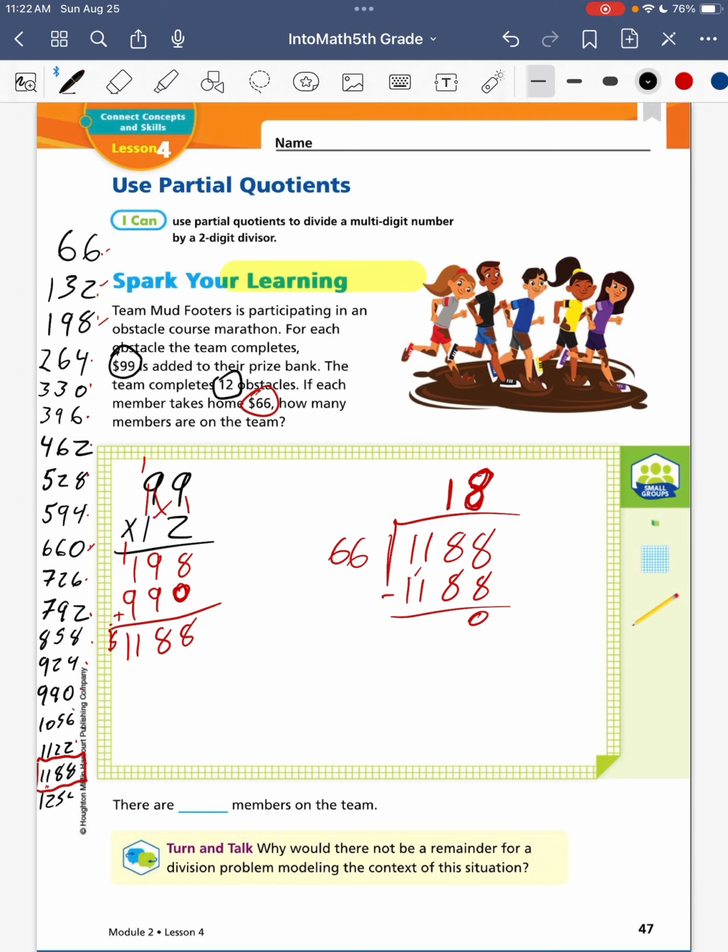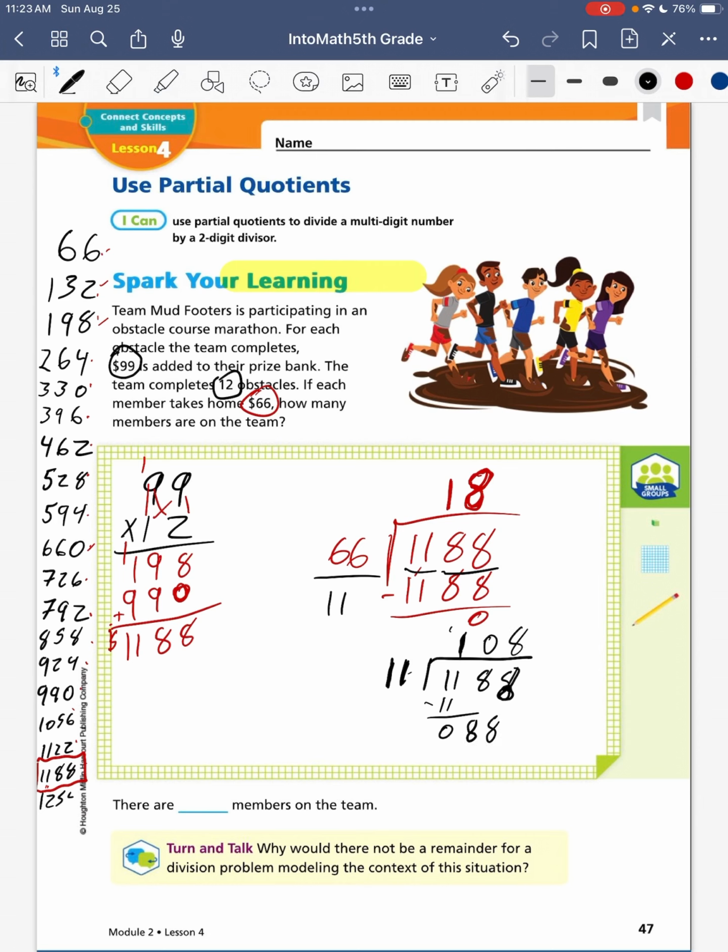Another way that we can think about this is 66 is divisible by 11. So is 1188. If we divide 1188 by 11, 11 can go into 11 one time, minus 11. 11 cannot go into 8, so that's a 0.